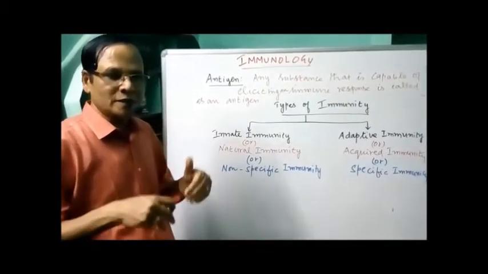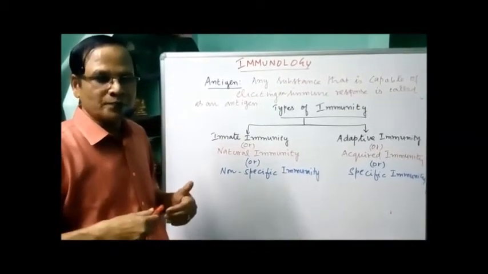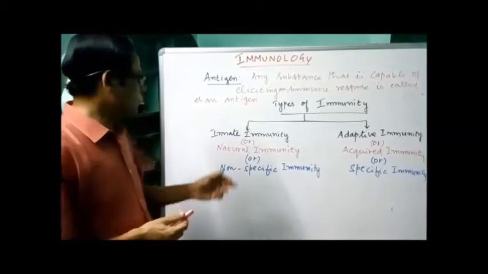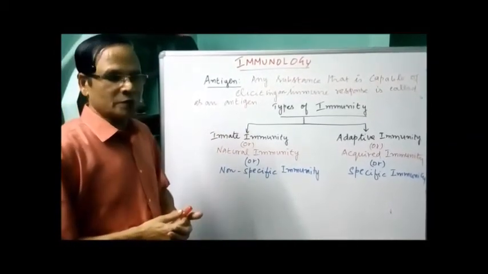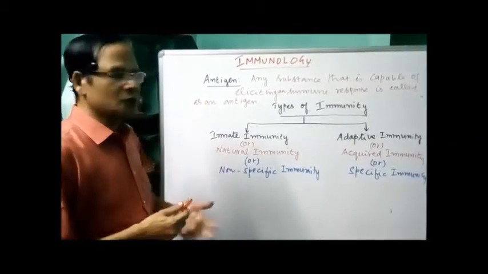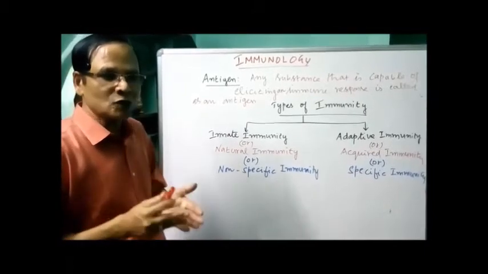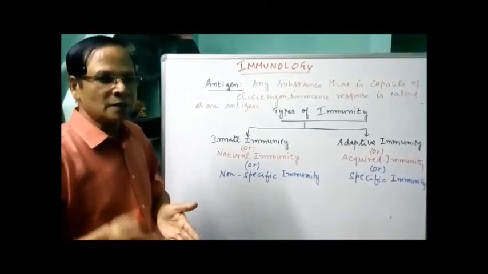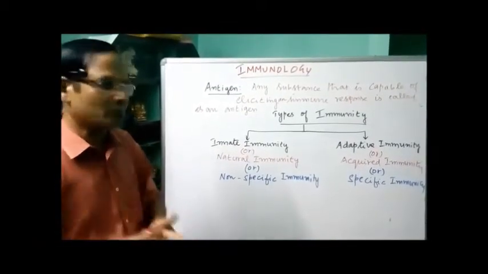Those mechanisms already present in the body, giving protection against infections, constitute innate immunity. So that's why it refers to the natural phenomenon of resistance to infection that an individual possesses right from birth.